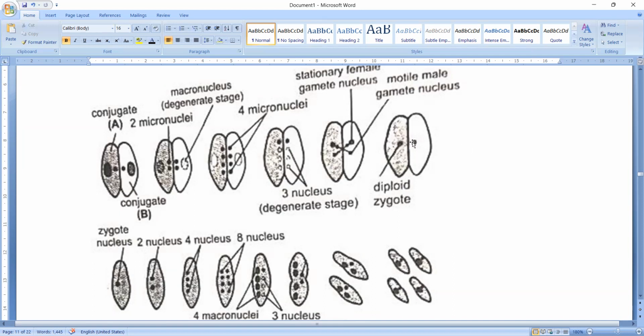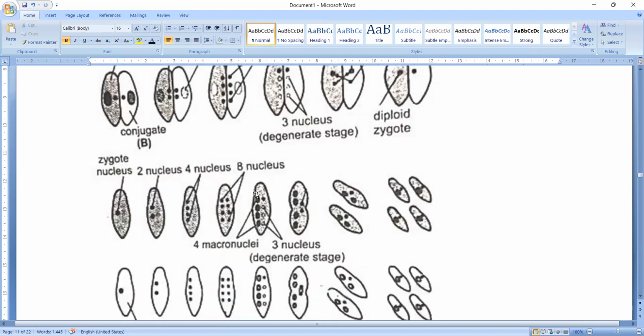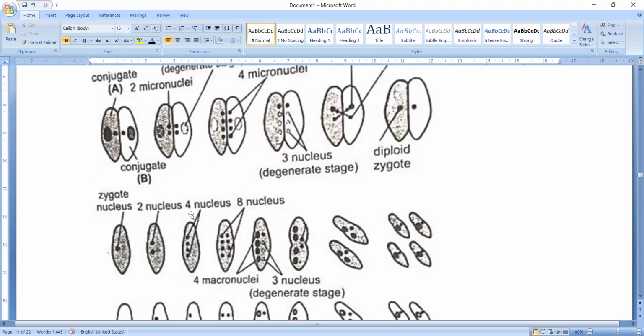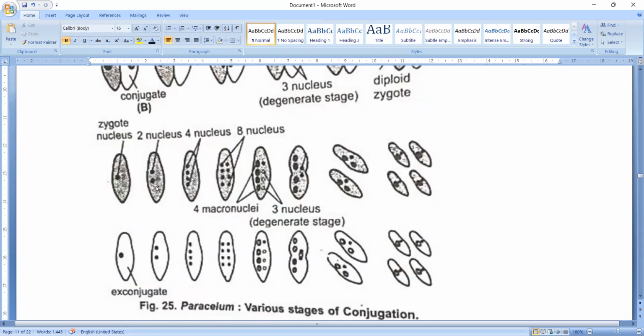Here the fertilization is over, and now they are separated. After separation they are called ex-conjugates. Each ex-conjugate undergoes 3 cell divisions, not mitotically, meiotically first, and after that mitotically.